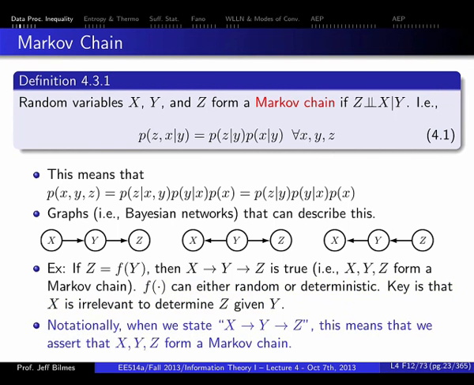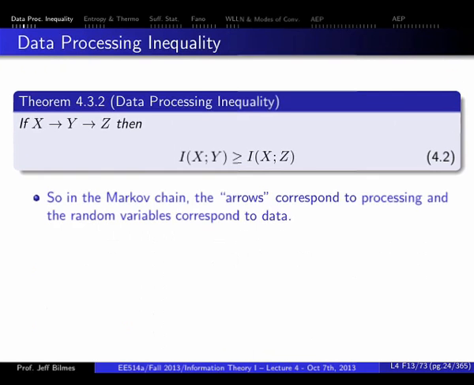And just as a notation, whenever we say X goes to Y, goes to Z, this is just sort of an implication. It just says this is a Markov chain. We're not saying X implies Y. We're just saying X, Y, and Z are in the relationship of a Markov chain. That's what this means. That's a statement. So there should be no confusion about that.